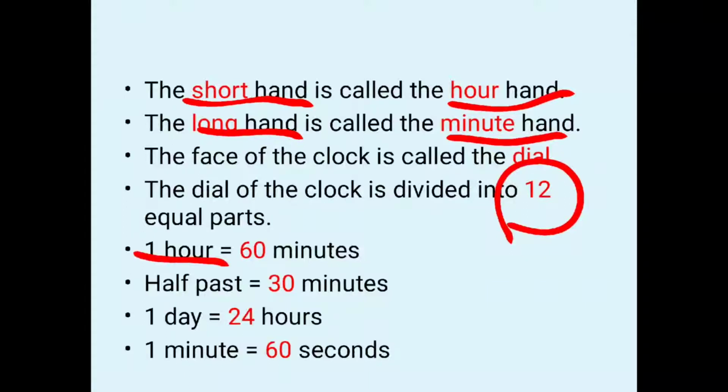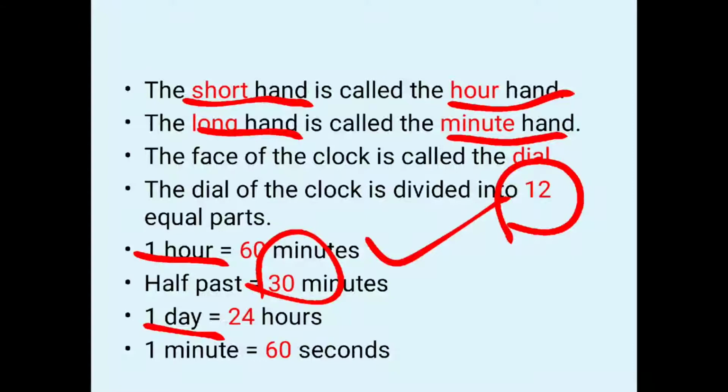1 hour is equal to how many minutes? As I told you earlier, it will be 60 minutes. And half past, half you had learned in fraction, that will divide into 2 parts. So if we divide 60 by 2, then what will be its half? 30 minutes. Okay, and 1 day has how many hours? 24 hours.